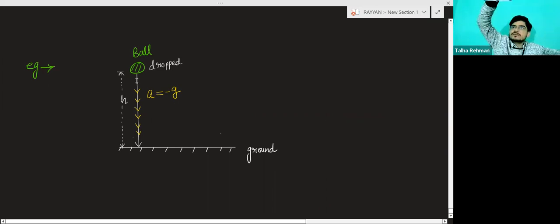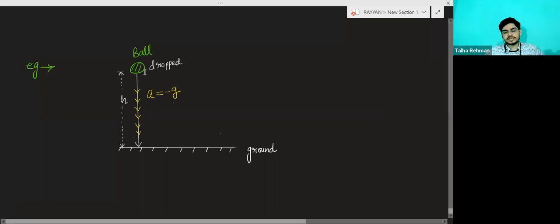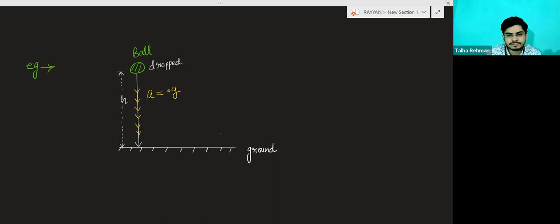This pen is performing motion under the gravitational force, and this ball is going in the downward direction. We know already that the acceleration of this ball will be minus g. Why have we taken the minus sign here? Because g will be in the downward direction.